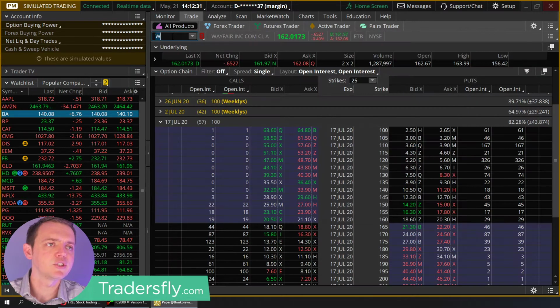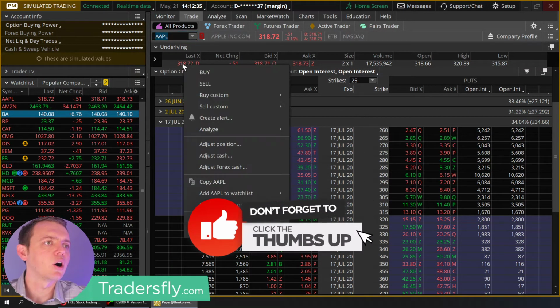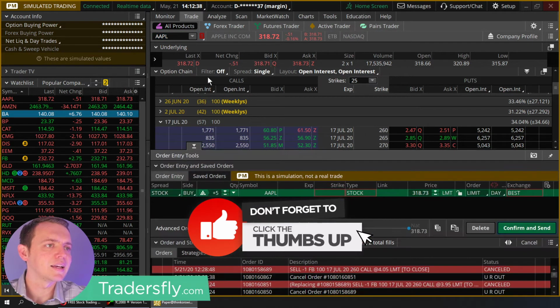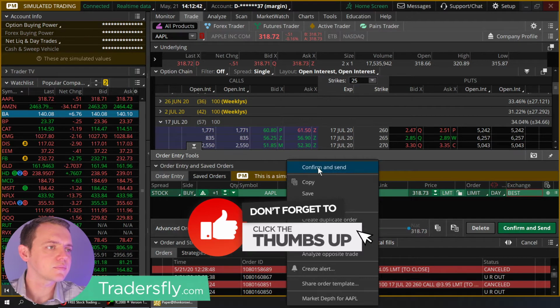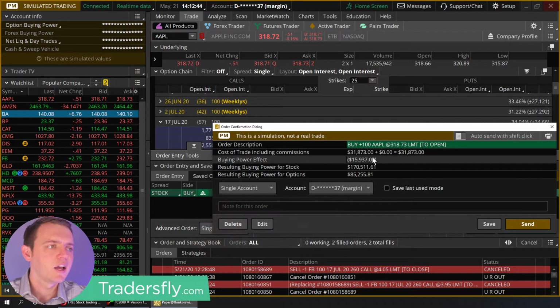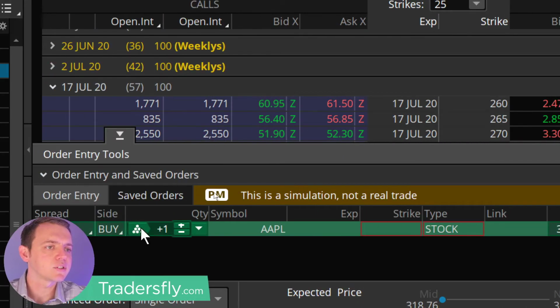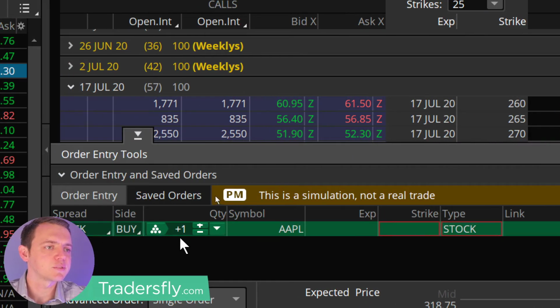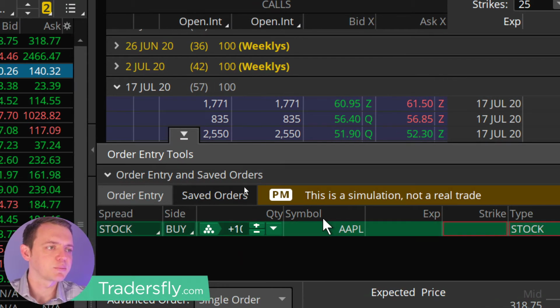So initially, if you're interested in, let's say, trading Apple, you could go ahead and buy the stock. In this case, the stock could cost you about $31,000, and that's about 100 shares of exposure.